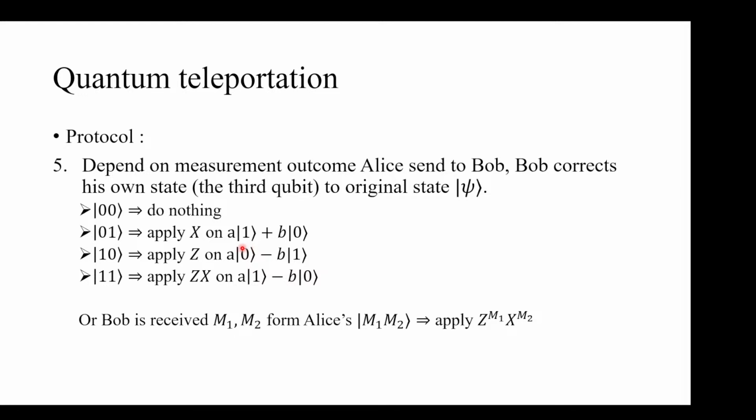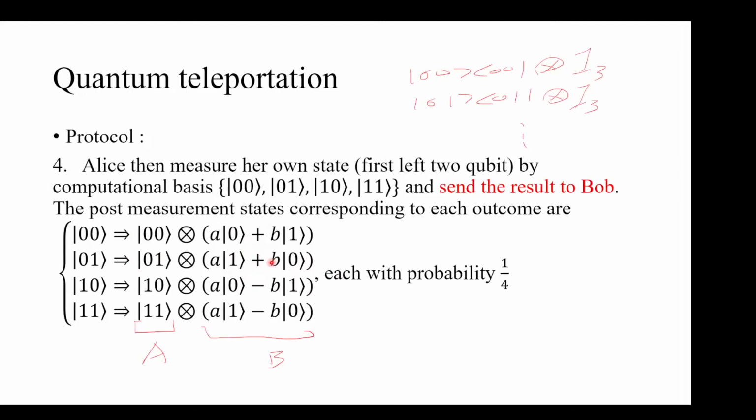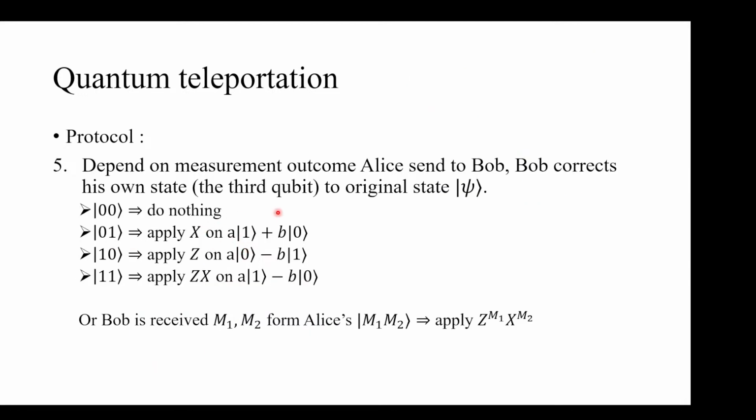But now the question is, if Alice measures something else, then Bob gets these 3 different states. Fortunately, although they are not quite A|0⟩ + B|1⟩, they still have this A, B structure, so Bob can do something that doesn't depend on A and B to correct it back to A|0⟩ + B|1⟩.